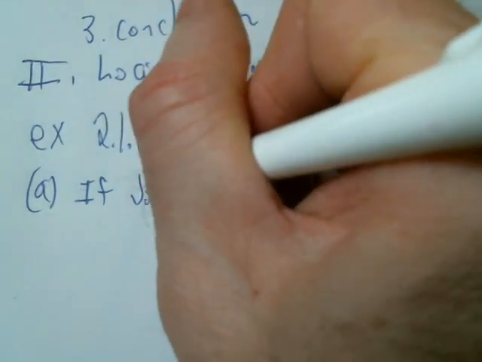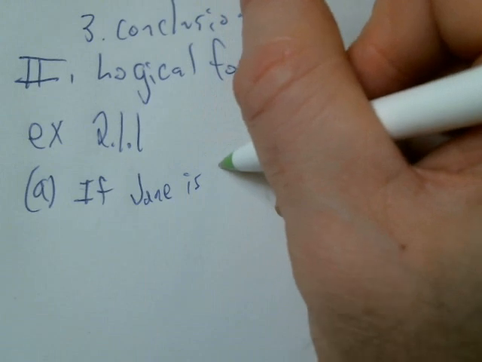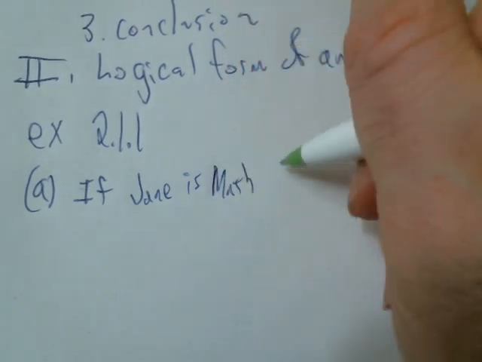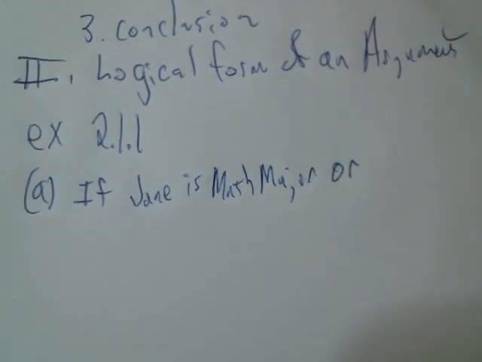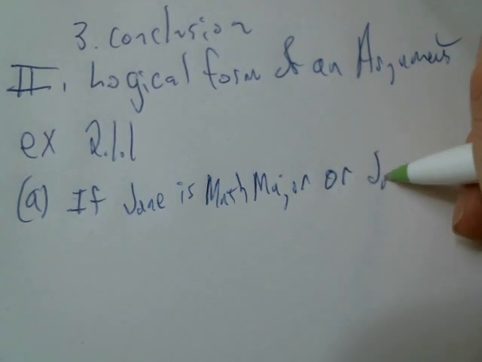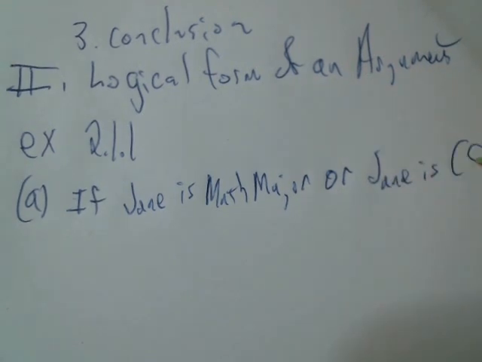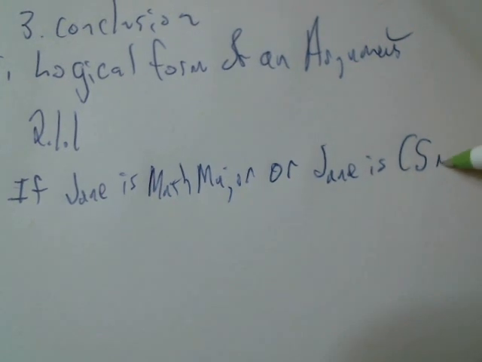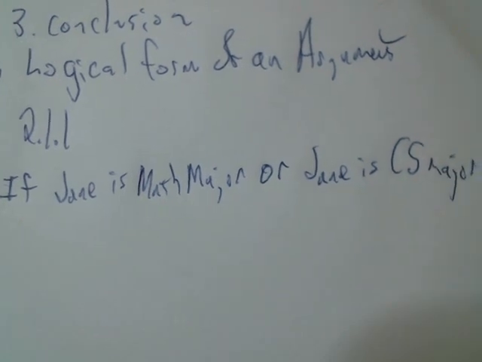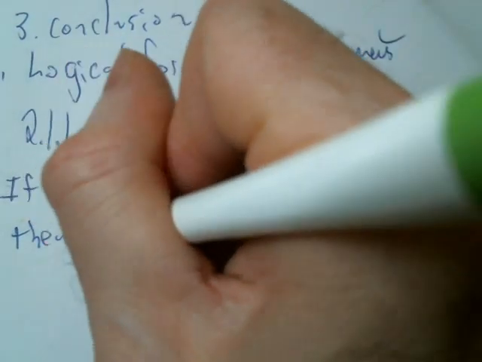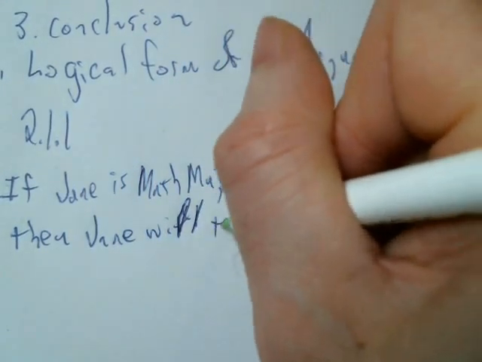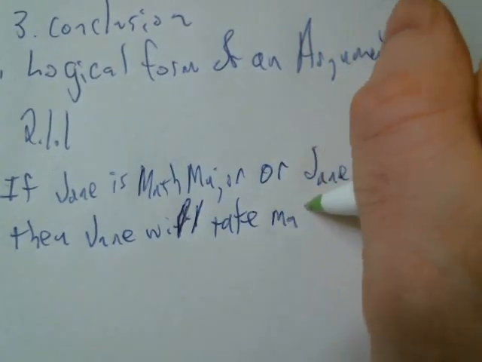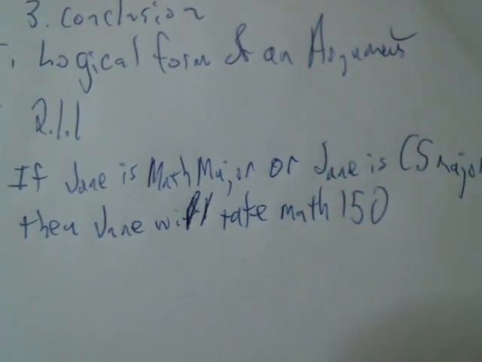If Jane is a math major or Jane is a CS major, then Jane will take math 150. Okay, so that's our first statement.